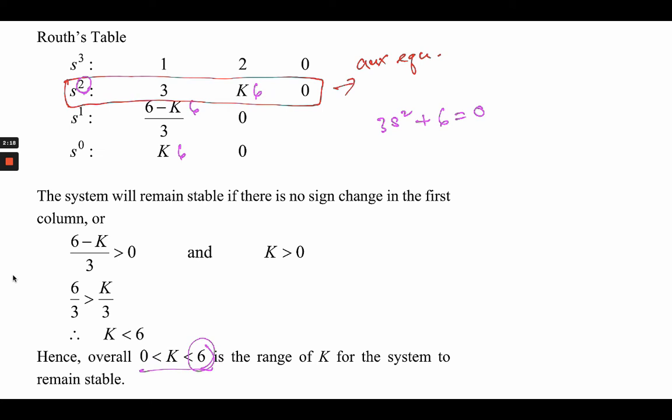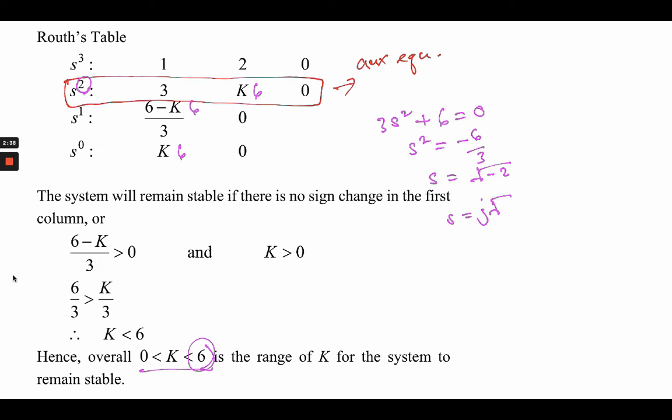And then we solve for s. So we have s squared equals negative 6 over 3, and then s equals the square root of negative 2. We can take the minus outside and replace it with j.